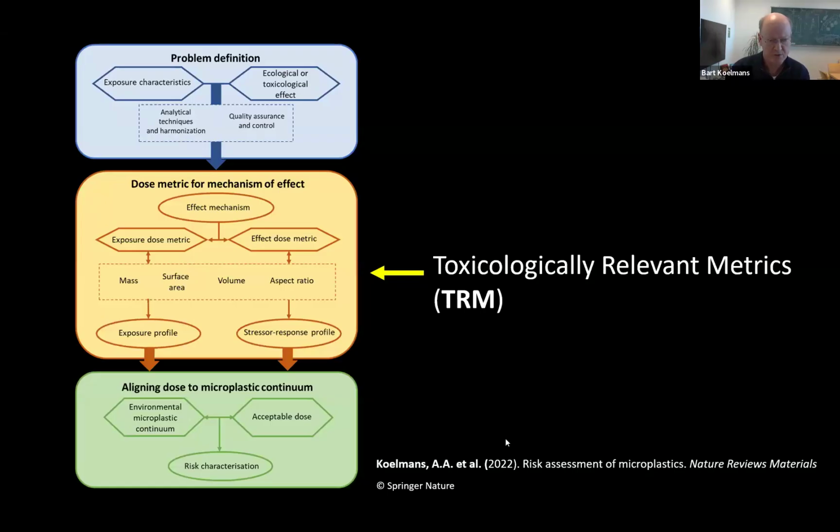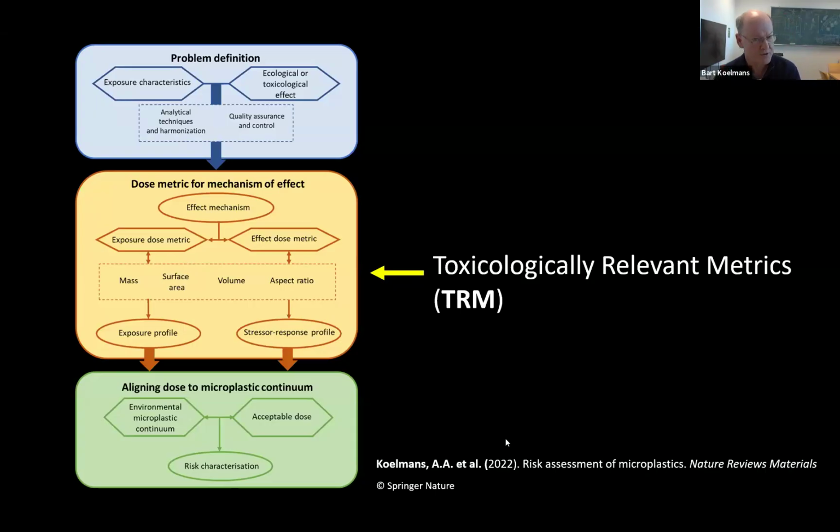Now, this is again also illustrated in this slide. It starts with a problem definition. You need to know something, for instance, early life stage scenarios, and then you would define the exposure and the way you want to assess the effects. And you see this yellow arrow here in the middle of the slide, and that points to what we refer to as the toxicologically relevant metric.